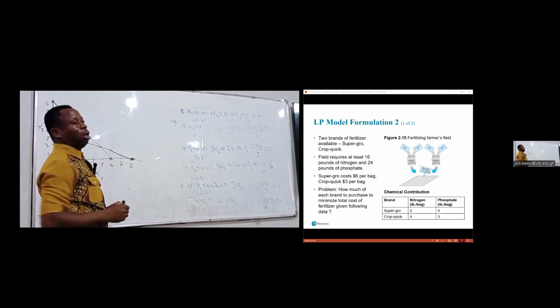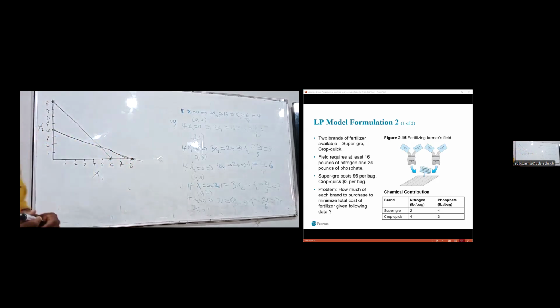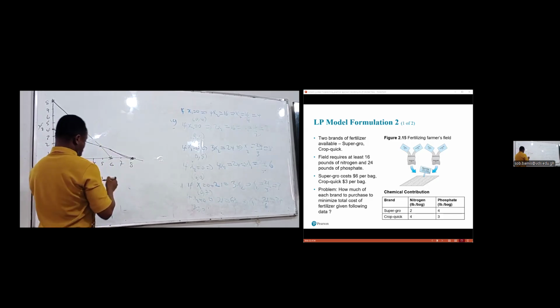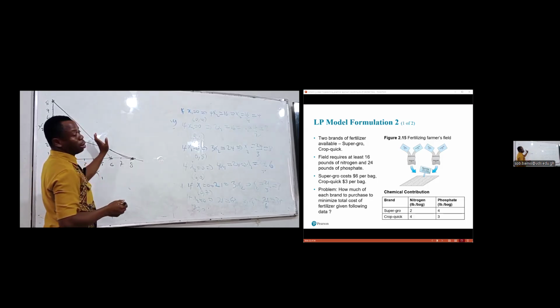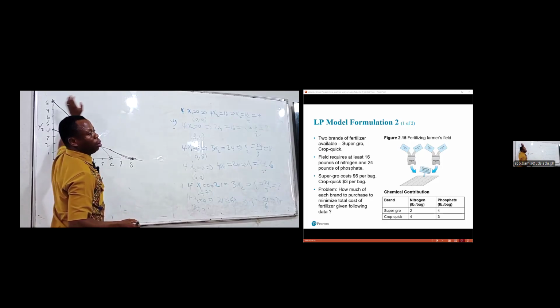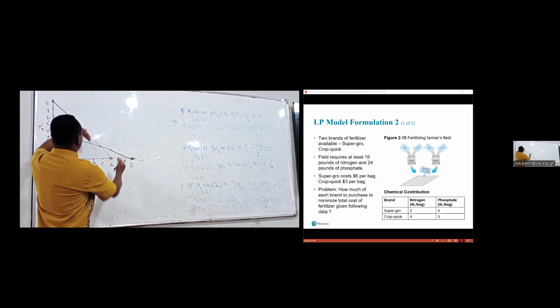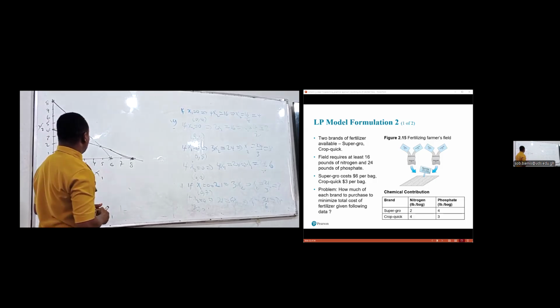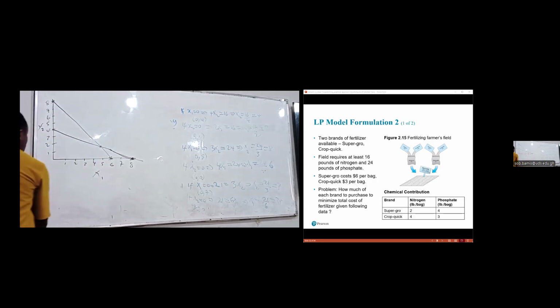In the minimization problem, the feasible solution lies outside of the intersection. Unlike the maximization, where the feasible solution is below the intersection and the corner points.